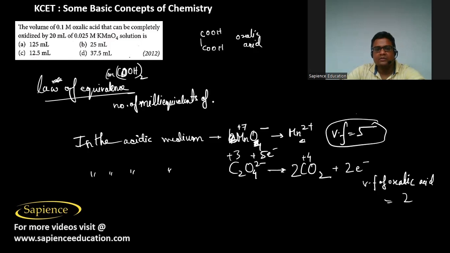So the milliequivalents of oxalic acid should be equal to the milliequivalents of KMnO4.